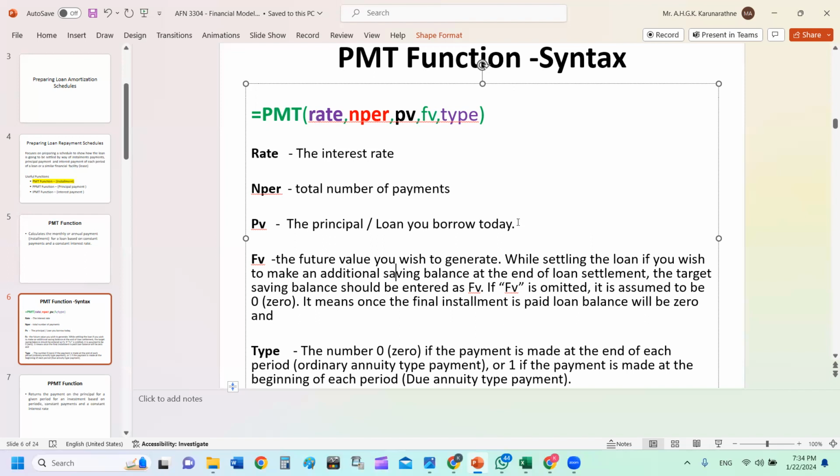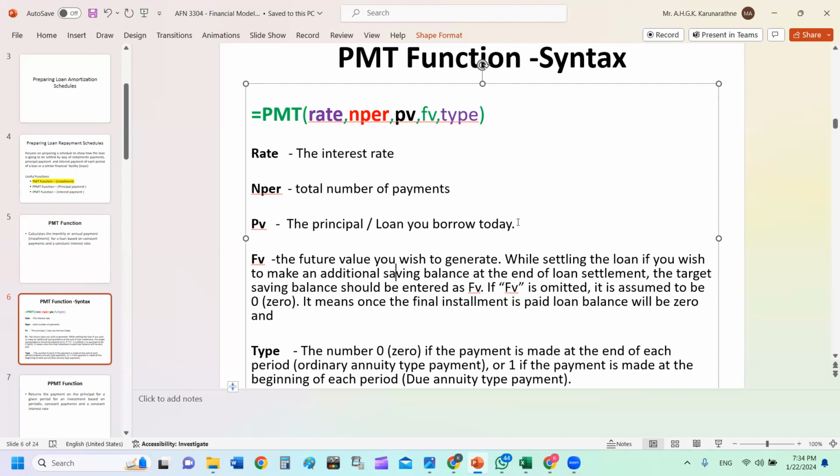End of the loan repayment, you need to fully settle the loan. In addition, you need to make a cash saving, right? Kind of a bit unusual thing. What is the requirement?